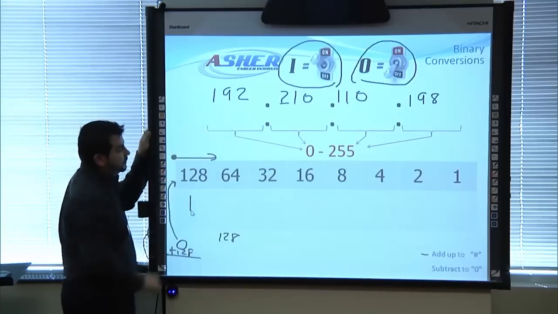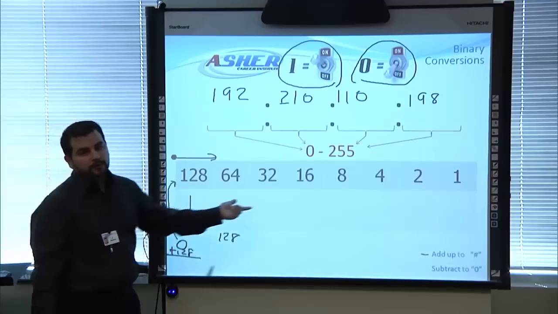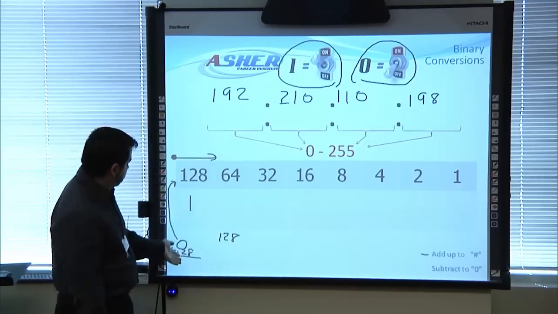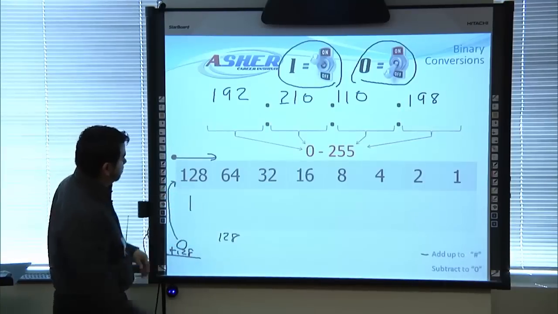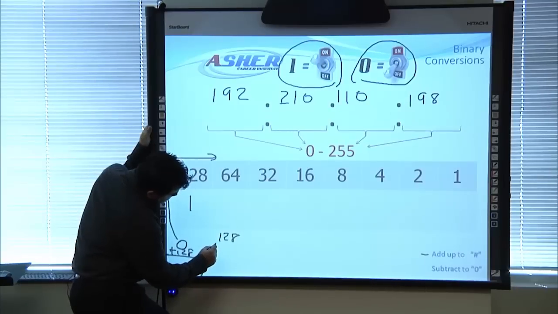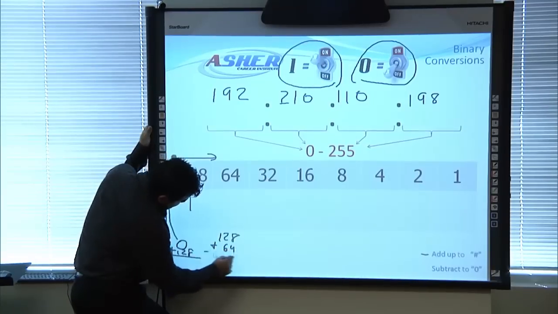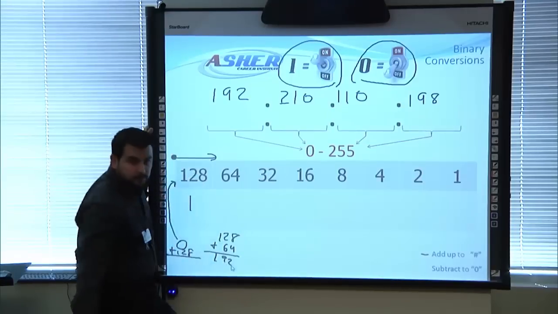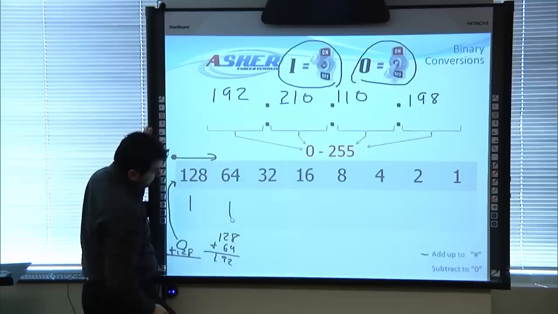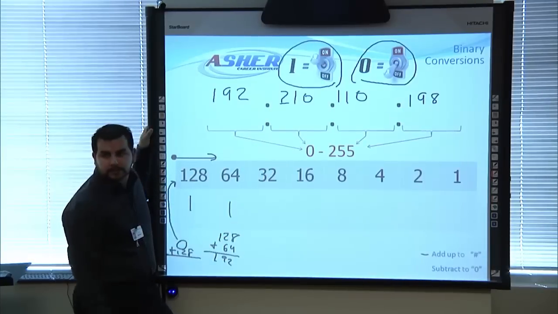For instance, if this was the number 10, we'd put a 0 and move on to the next one. But in this case, 192, we're still not there, so we're going to keep adding. So 128 plus 64 is 192. Okay? So we've reached our number there. So are we going to use the rest of these?